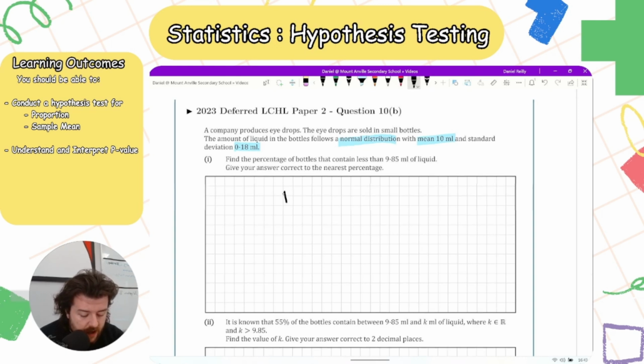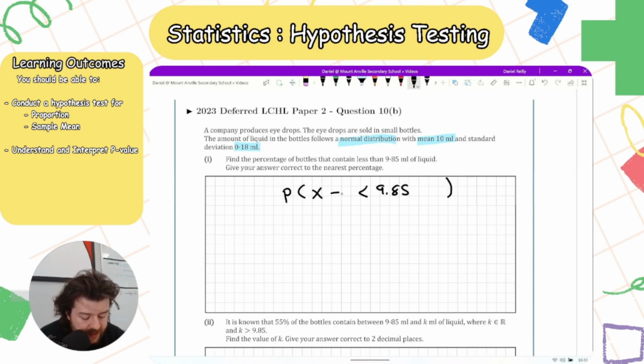So I see mean, right? So I'm dealing with z-scores. Not dealing with any sample means or anything. So what's the probability that a random bottle, X, is less than 9.85 mils?